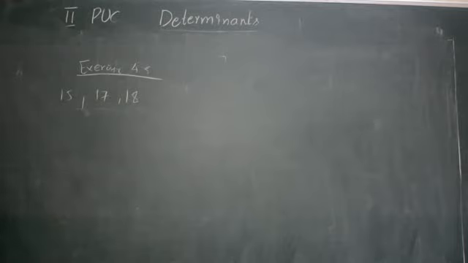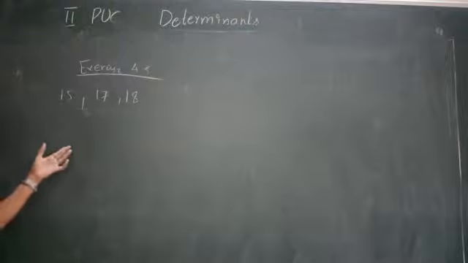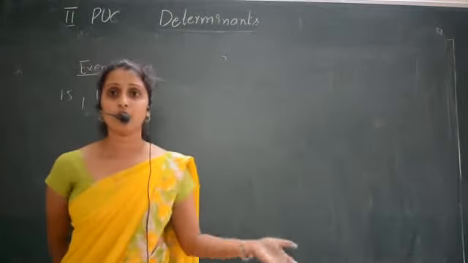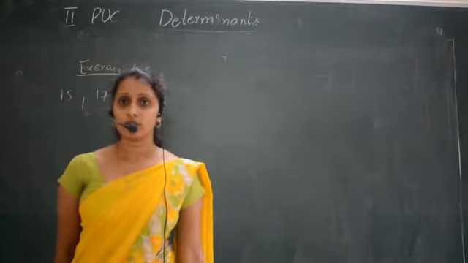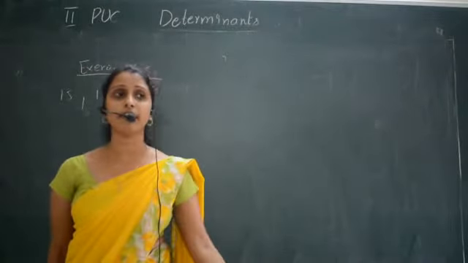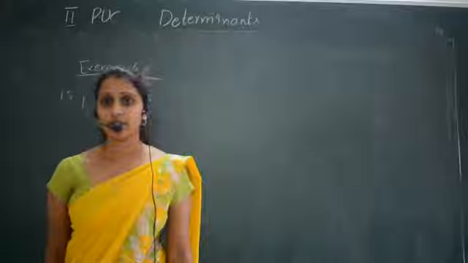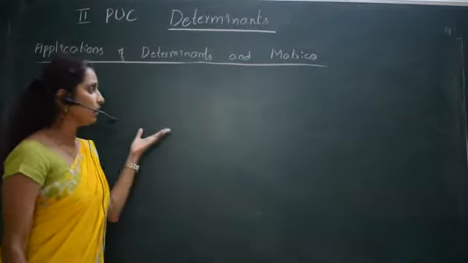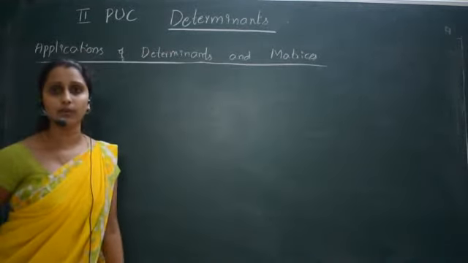So 15, 17 and 18 are the three problems. This is about the adjoint and finding the inverse by using the adjoint. We have discussed the adjoint and how to find the inverse using the adjoint.